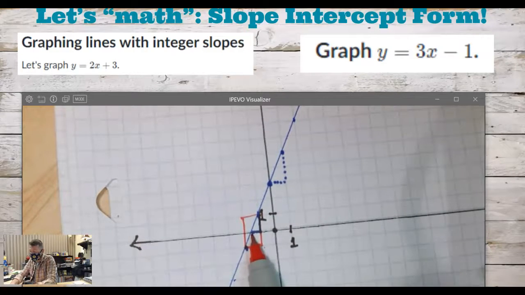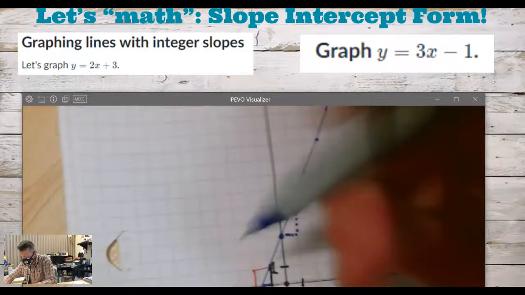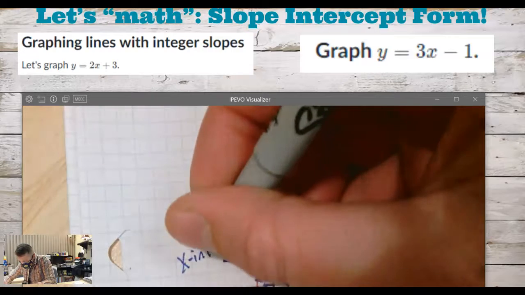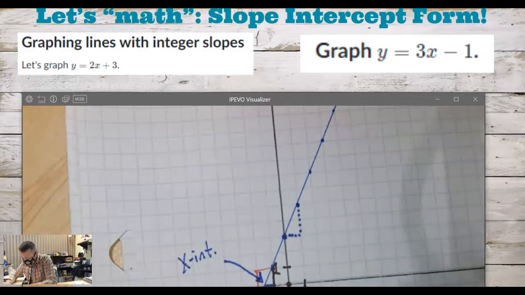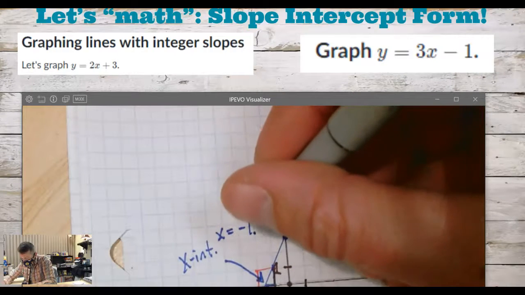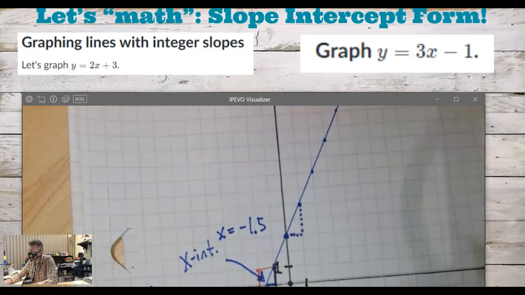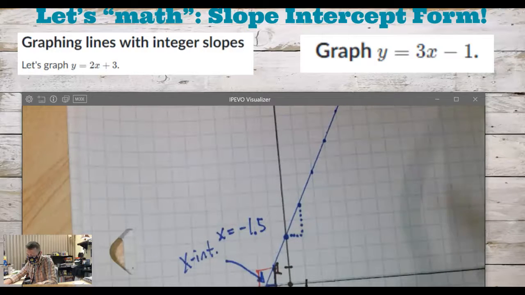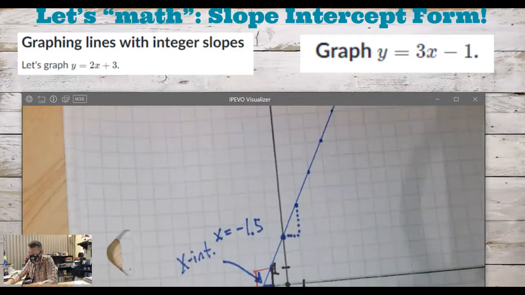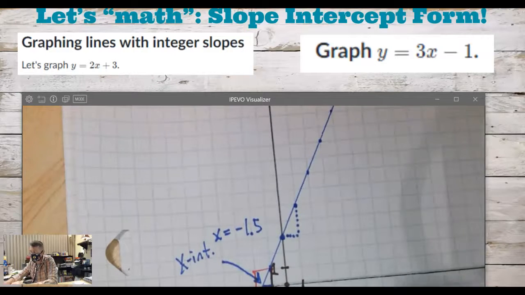So, guys, that x-intercept is negative 1 and a half. Look at the delivery. That's pretty sweet. So guys, you don't have to just stick to the 2, 1, 2, 1, 2, 1. You can do it in portions.